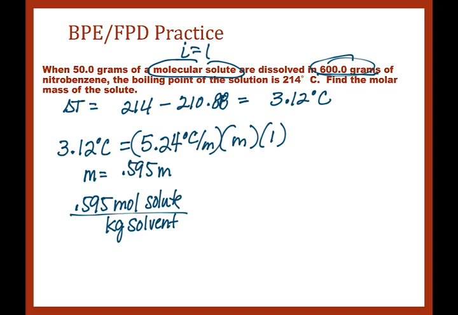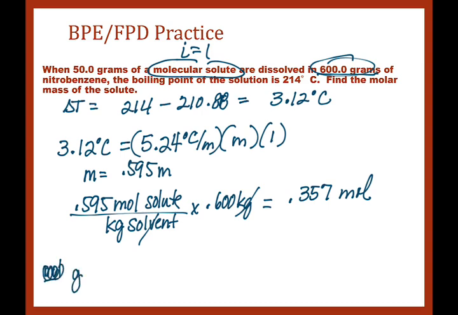So I can say, okay, times 0.6 kilograms, and my kilograms cancels out, and that leaves me with 0.357 moles. Well, remember, molar mass is grams per mole. I almost did that backwards. That would have screwed us up.